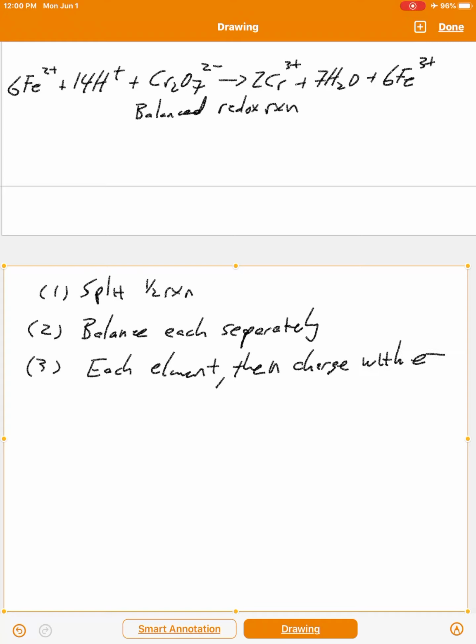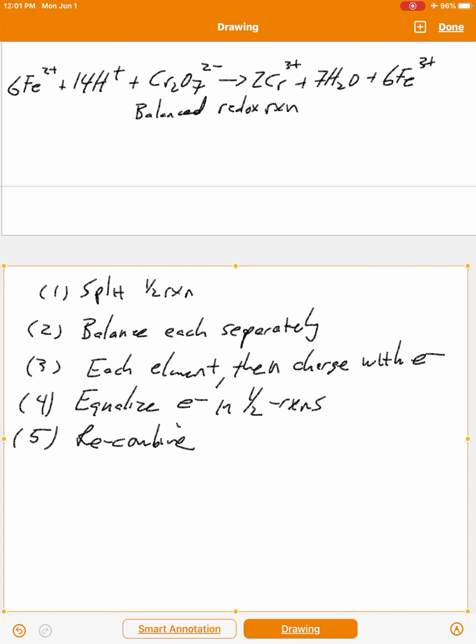Now remember, you're going to add the electrons to the more positive side. 4, equalize the electrons in the half reactions, and then 5, recombine. And you're done. Oh, I should point out, recombine and cancel. And you may cancel electrons, you might have to cancel water molecules, you may have to cancel H plus ions, but then you're done, and that's it.